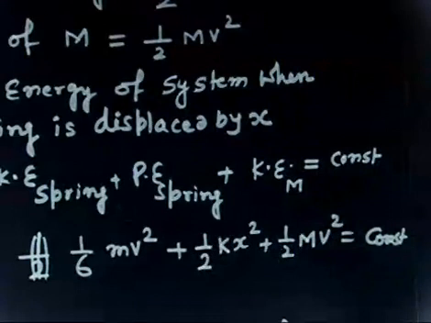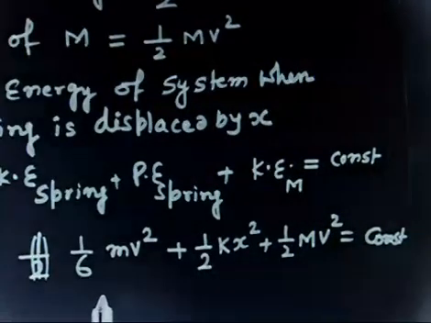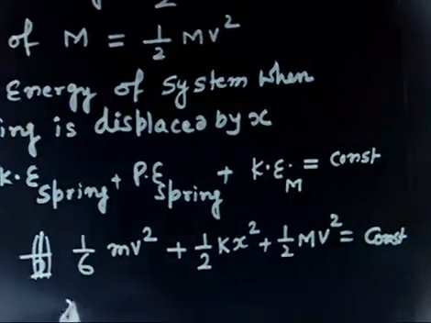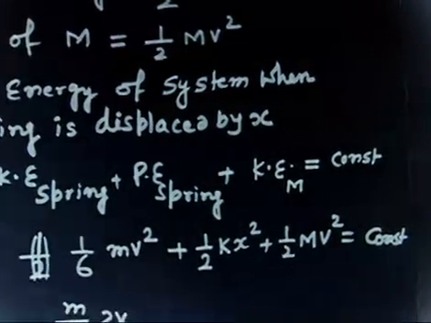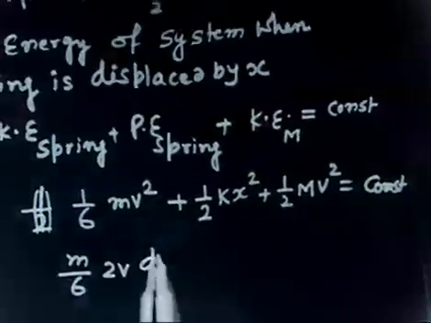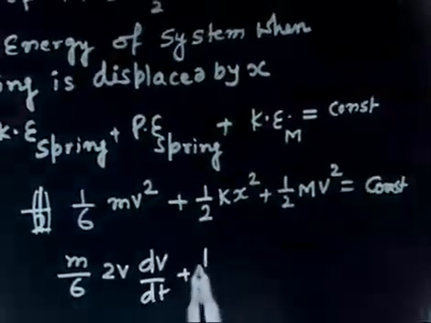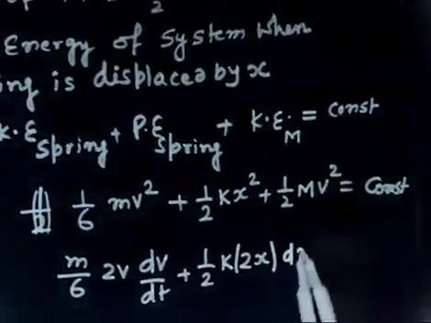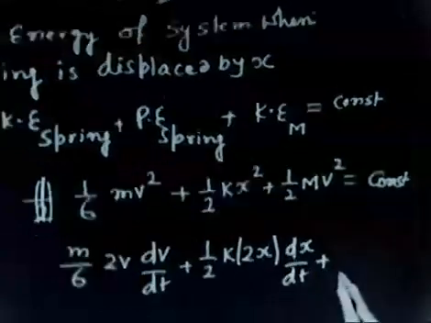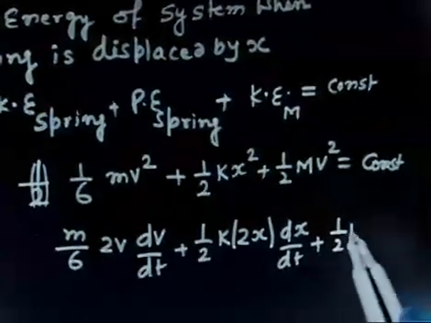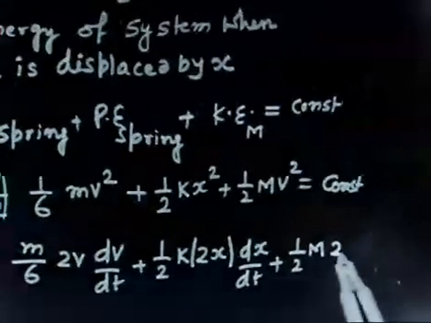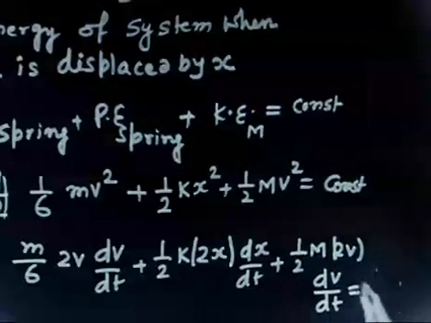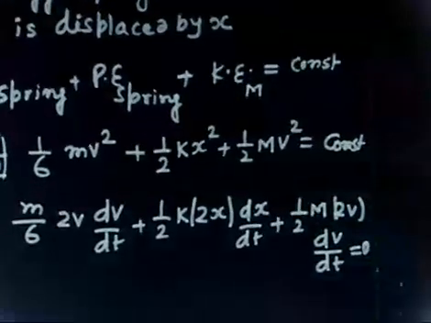Now we will follow the general procedure. If I differentiate this equation, let us cancel 2 throughout. So I will have, let us differentiate first, m by 6 into 2v, and differentiation of v is dv by dt, plus half k into 2x, and then I will have dx by dt, plus half M, v square is 2v, and then I will have dv by dt. This is equal to 0 because all terms on this side are constant.